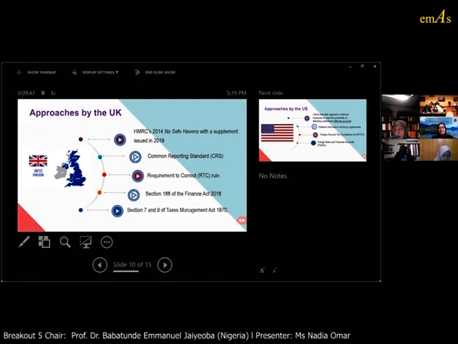So let's look at the approaches by the UK. These are the initiatives or measures taken by the UK. They have HMRC's 2014 No Safe Havens, with a supplement issued in 2019. They have the Common Reporting Standard, which they signed to make it easier to exchange information between countries, and also a requirement to correct rule.